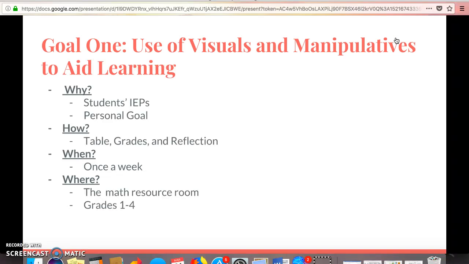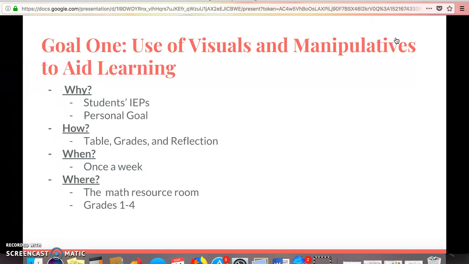So why I chose this, like I said, it was a personal goal of mine since I do only teach math in this placement in the resource room. I wanted to make it as unique and as special and supportive as possible.